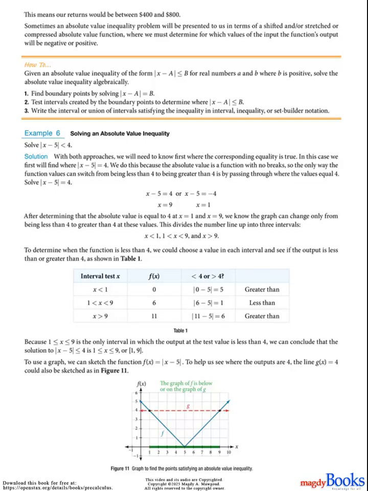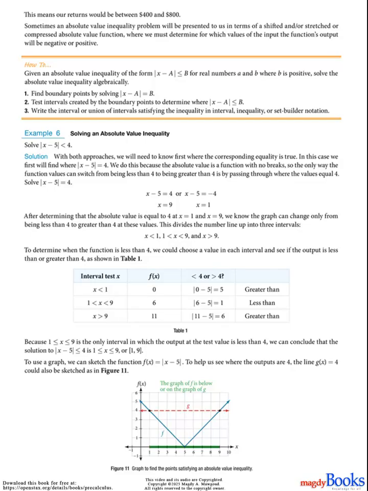Sometimes an absolute value inequality problem will be presented to us in terms of a shifted, or stretched, or compressed absolute value function, where we must determine for which values of the input the function's output will be negative or positive. How to? Given an absolute value inequality of the form the absolute value of x minus a is less than or equal to b for real numbers a and b, where b is positive, solve the absolute value inequality algebraically. 1.